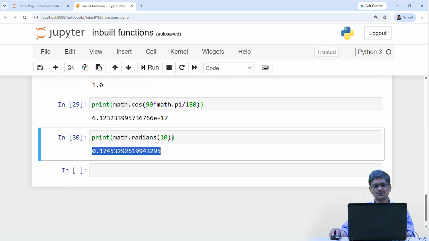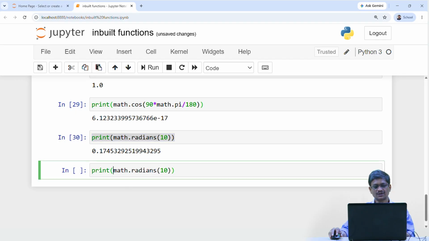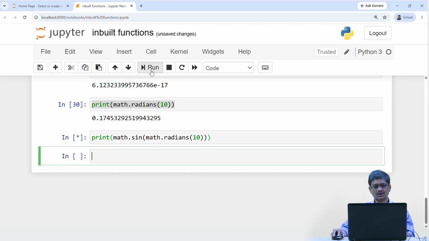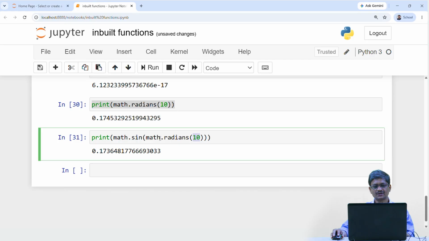radians. If you use the same function in printing the sine or cos values, I just need to include this in one more bracket, and then I'll say math dot sine of this. Now if you execute this, your 10 is in degrees, this function is going to convert this 10 into radians, and the math sine function is going to calculate the value for 10 degrees converted into radians.